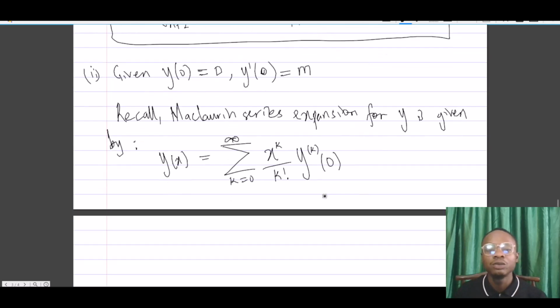If we expand this out, it is going to give us x to the power of 0 over 0 factorial multiplying f of 0. We're used to f, but it's fine.